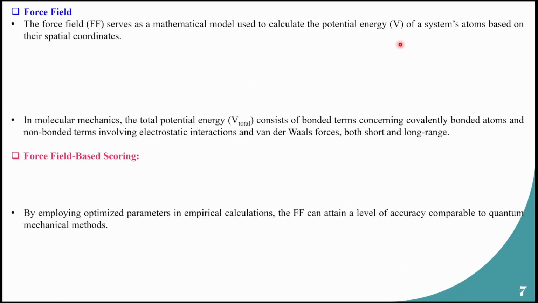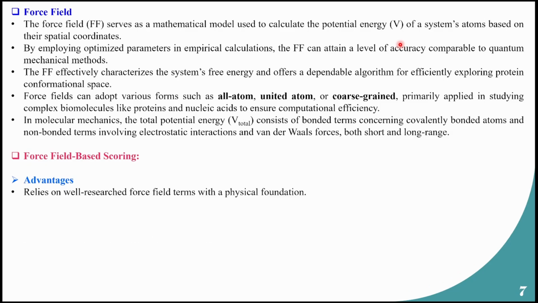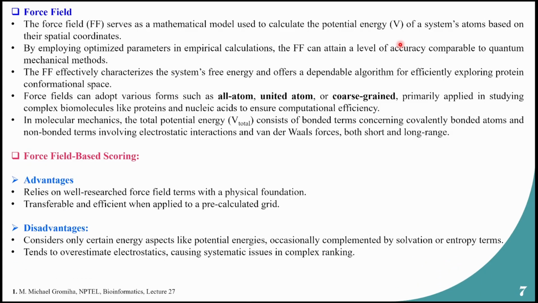The force field based one was one of the major ones, because this is not only applicable in molecular docking, but of course in all cases of molecular dynamics simulation also, you need to utilize these force fields, because the potential energy is basically what gives the physics part of the approach, right?